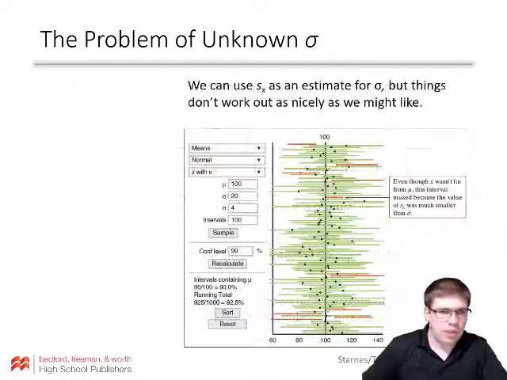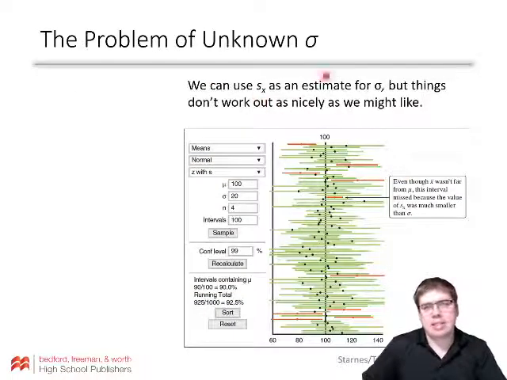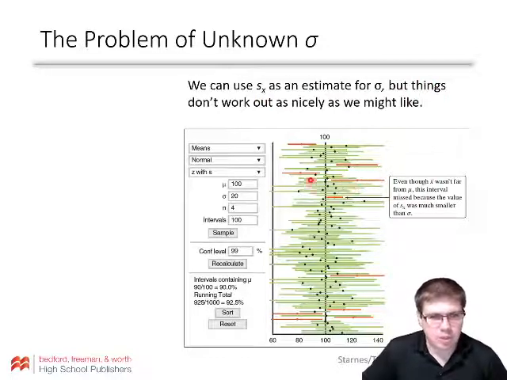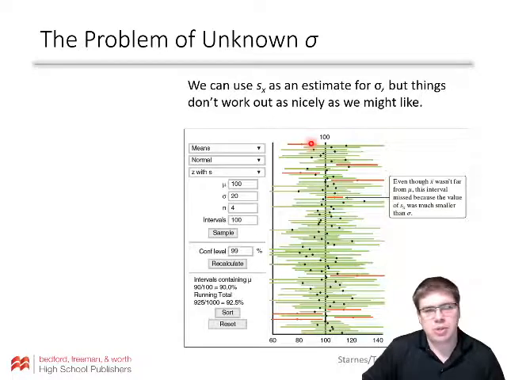So what we notice is, let's say we use s instead of sigma, but things don't work quite like they should. What they've done here is calculate a whole bunch of intervals, and notice the widths are changing because we're using different s's.